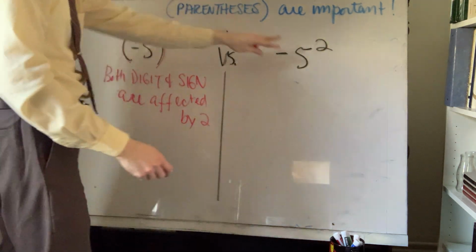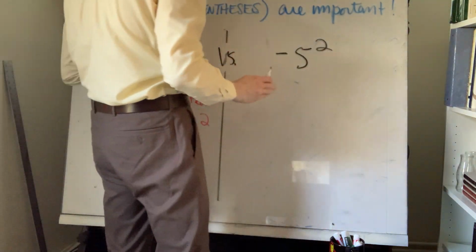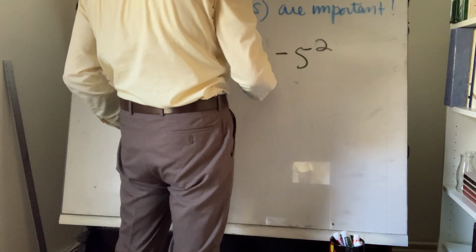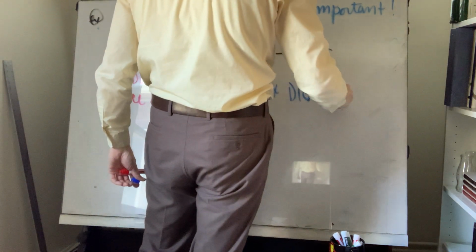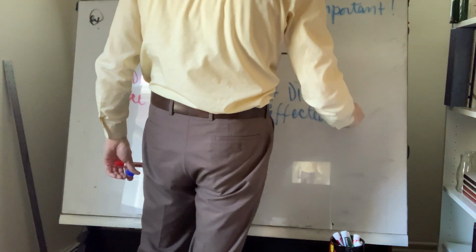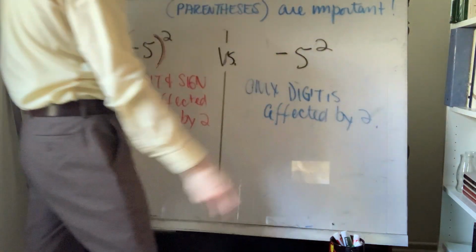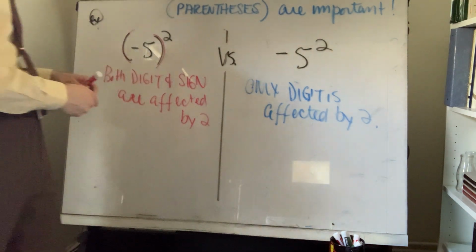In a situation like this, what is being stated here, very subtly, is that only the digit is affected by 2. The operation being an exponent, an amped up version of multiplication, slightly more complicated.